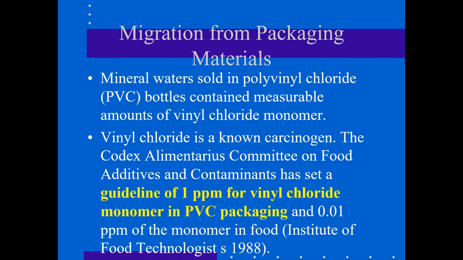And this vinyl chloride is a known carcinogen. So the Codex Alimentarius Committee on Food Additive and Contaminant has set a guideline of 1 ppm for vinyl chloride monomer in PVC packaging, and 0.01 ppm of the monomer in food, due to the reason that this will migrate from the materials to the food component.